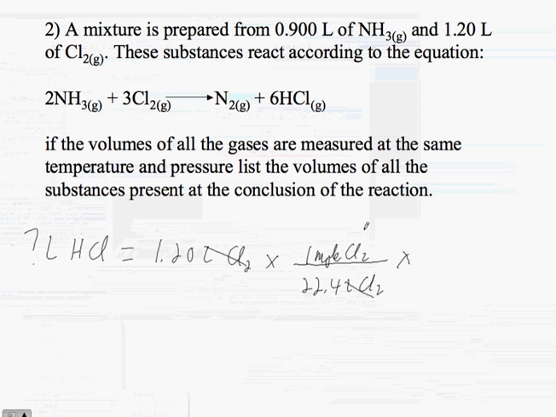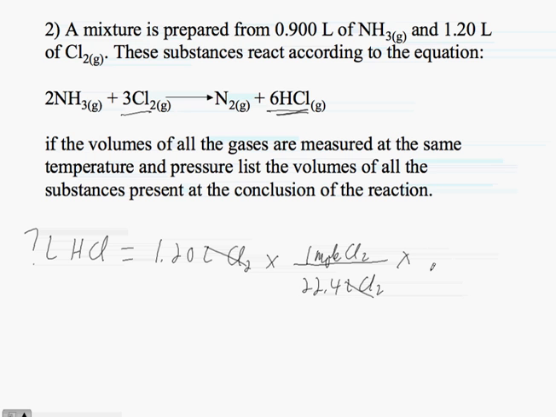I now use my balanced chemical equation to convert my moles of Cl2 into moles of hydrogen chloride, which tells me that for every 3 moles of chlorine gas, I have 6 moles of hydrogen chloride gas.